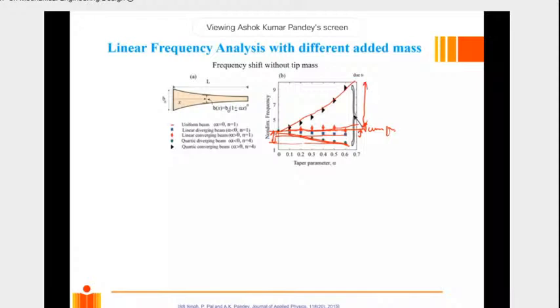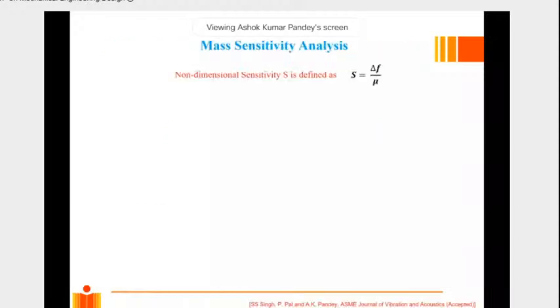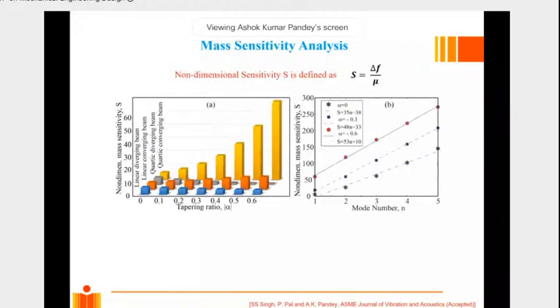Okay, so it means that the frequency can be tuned from here also, and that way one can make use of such a converging and diverging combination to get a lot of frequency tuning effects, and that's what we utilized in terms of mass sensitivity of these sensors. Here we can see that if you make use of a converging beam, the sensitivity of these mass sensors increases like anything, right?